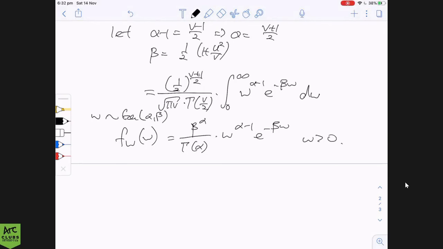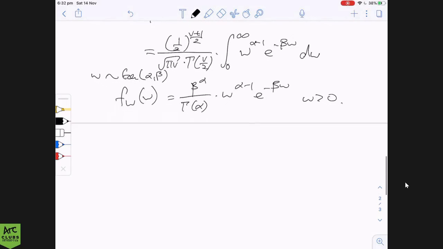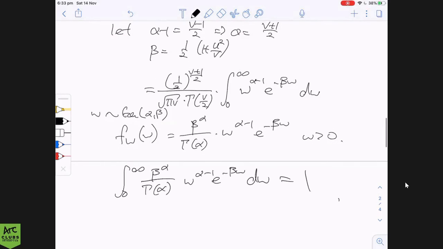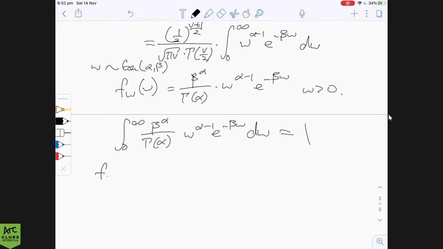So that's the distribution of gamma, and if we integrate this from 0 to infinity, we actually get 1, by definition of distribution.